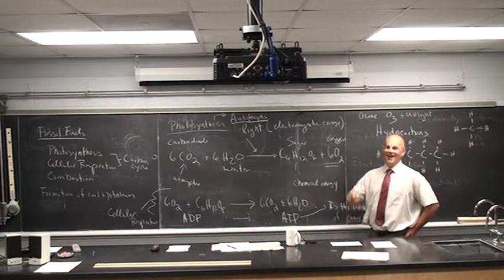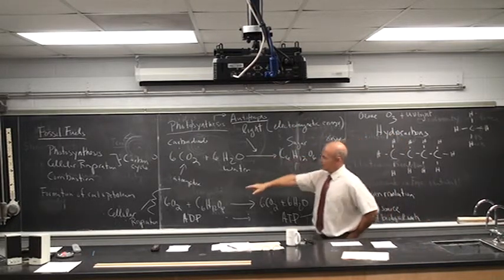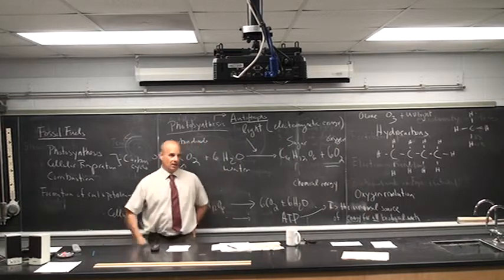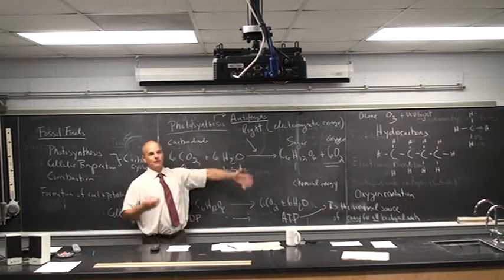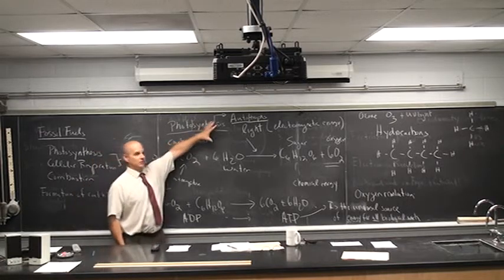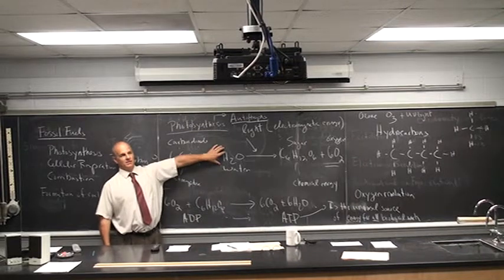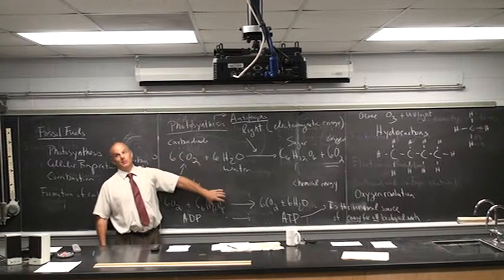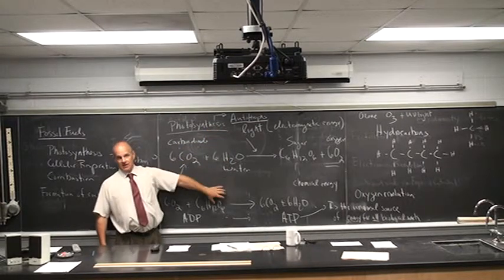Since cellular respiration occurs in all living things, and autotrophs are living things, autotrophs have to undergo cellular respiration. So autotrophs perform both cellular respiration and photosynthesis.